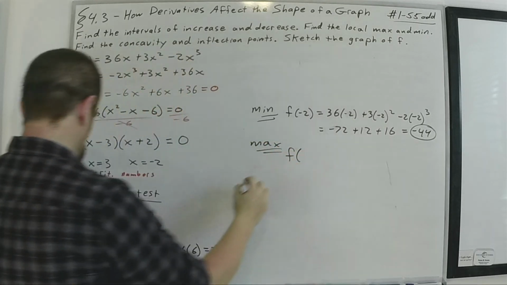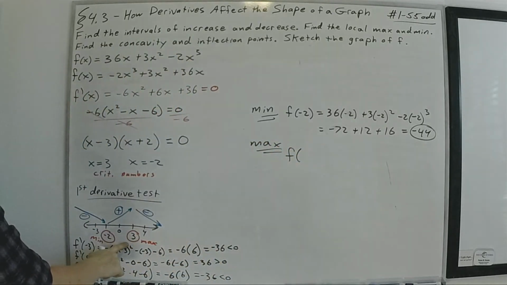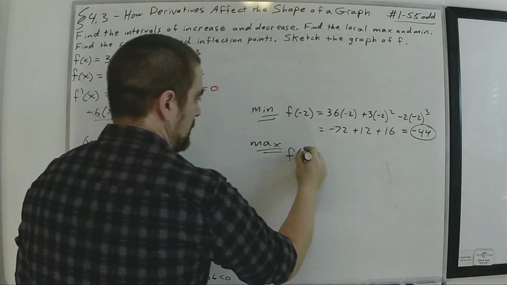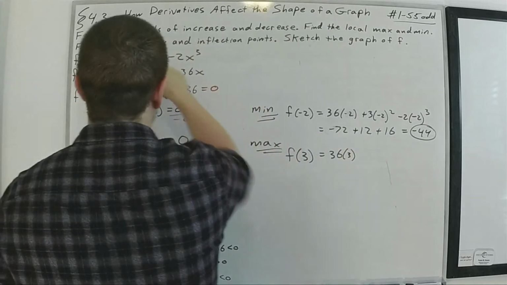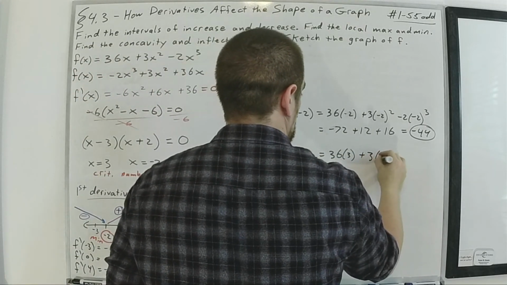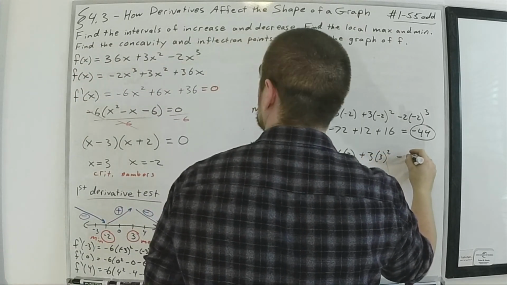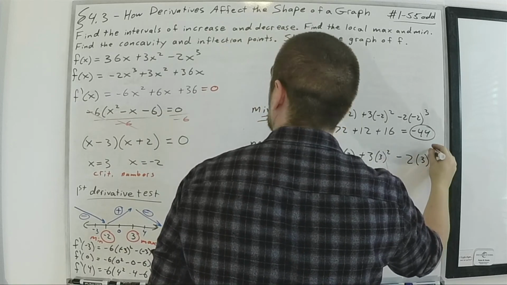F of, what else do we get? Maximum at 3. I'm going to plug in that f of 3. 36 times 3 plus 3 times 3 squared minus 2 times 3 cubed.